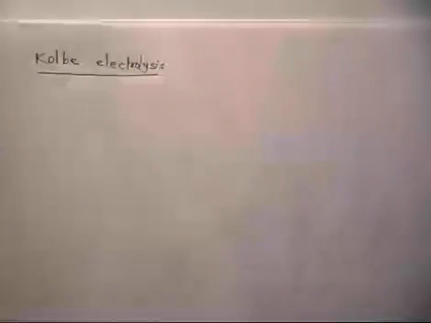Many times people have asked me about Kolbe electrolysis. This is basically a method for preparation of alkane. Why have I not discussed it in class many times? Because I have not found this reaction in any foreign author's book, but they discuss it in Indian author books.